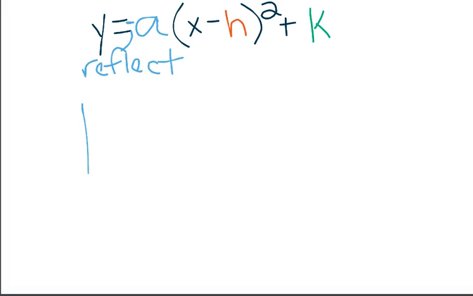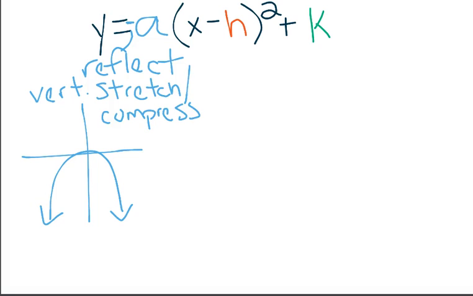Whatever my graph is, it's always going to be flipped upside down. So anytime it's negative up front, you already know that you're looking for a graph that is reflected down over the x-axis. The other thing that a can do is it can either vertically stretch or compress.